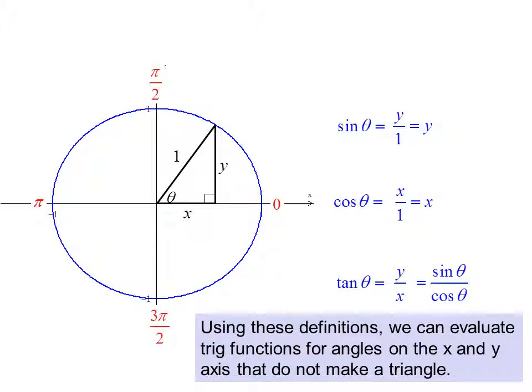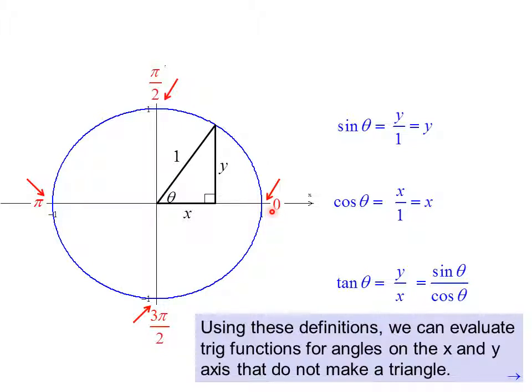Using these definitions, we can evaluate trig functions for angles on the x and y axis that do not make a triangle. For example, those points right there. At theta equals 0, the cosine theta is just the x value, which is 1, and the sine theta, which is the y value, is 0.